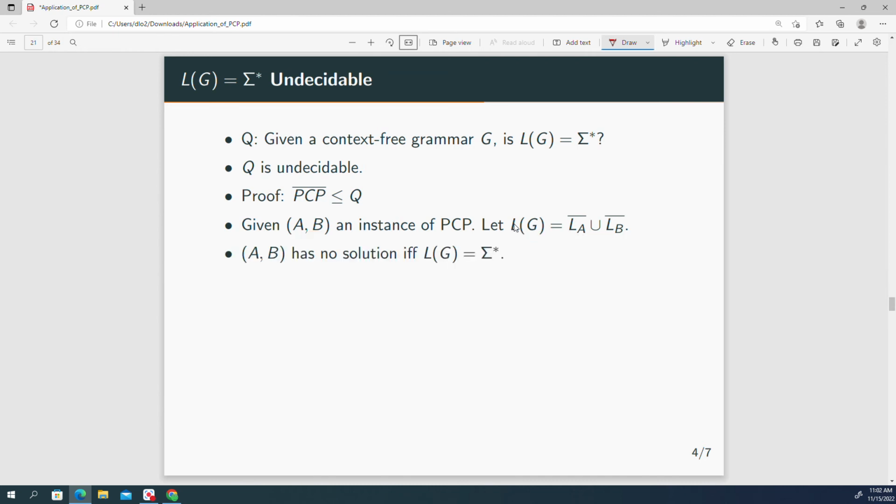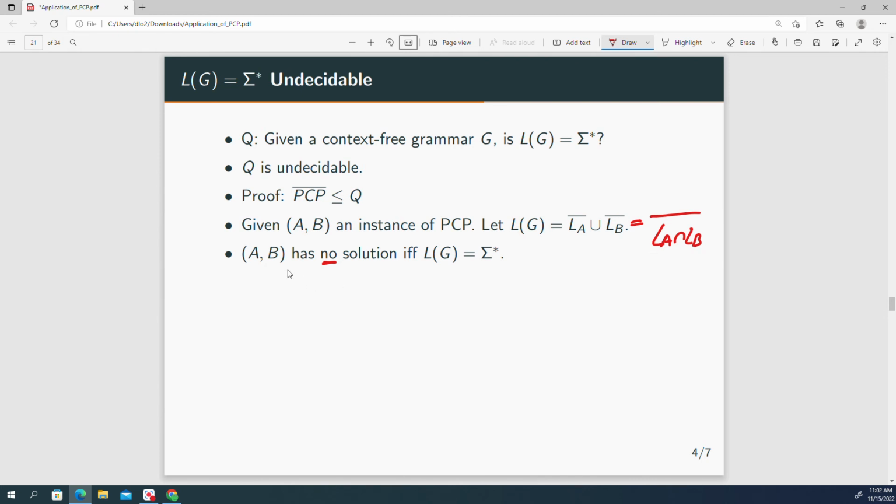Now, we argue that AB has no solution. If AB has no solution, then LA intersect LB is empty, and the complement of empty is sigma star.